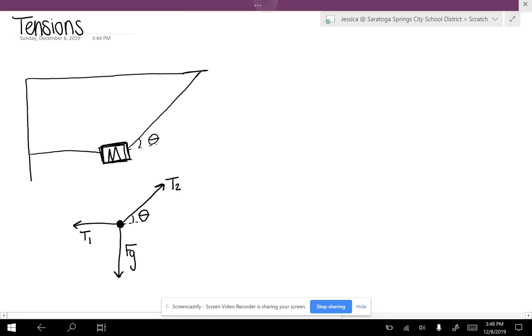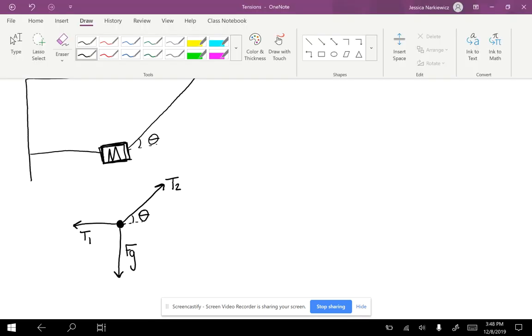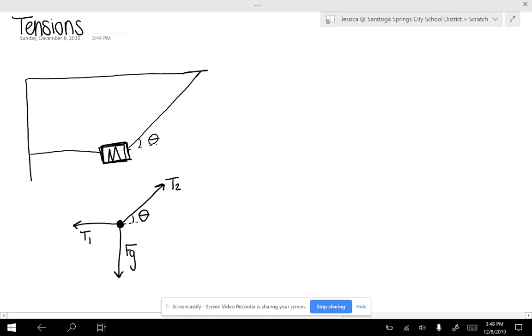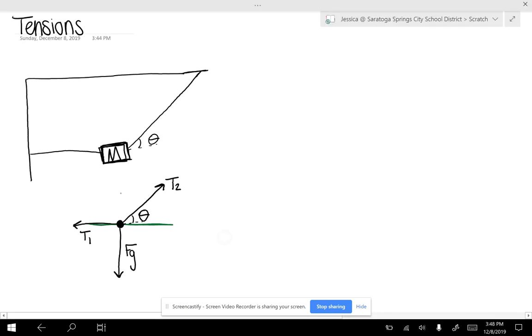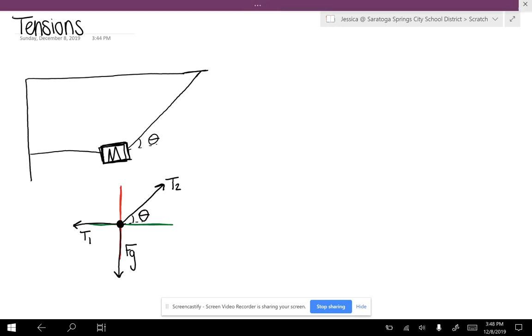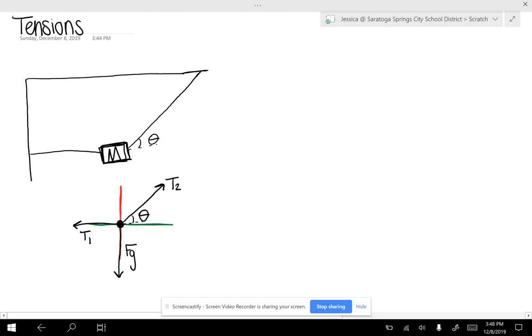Okay. Now, we're not moving in either direction, so it doesn't really matter what we call red or green. So let's just use green in the x direction and red in the y direction. And it looks like T2 needs to be broken up into components.